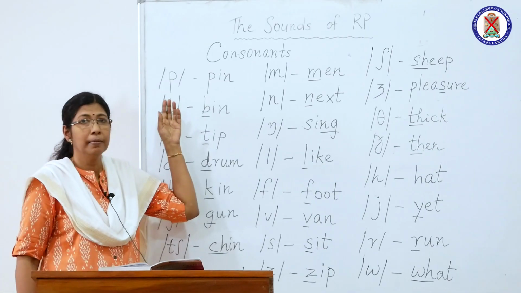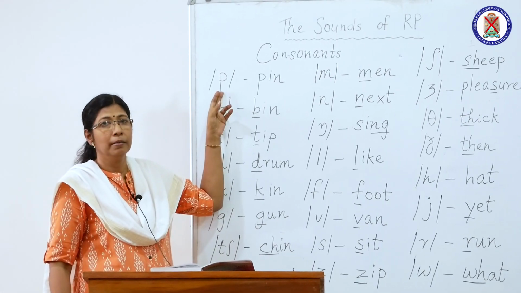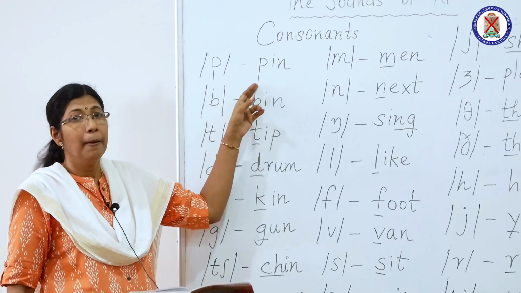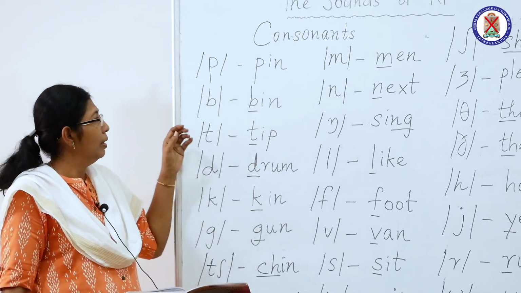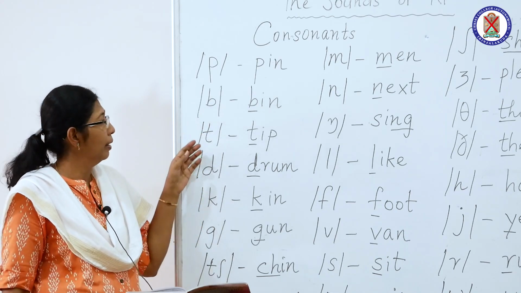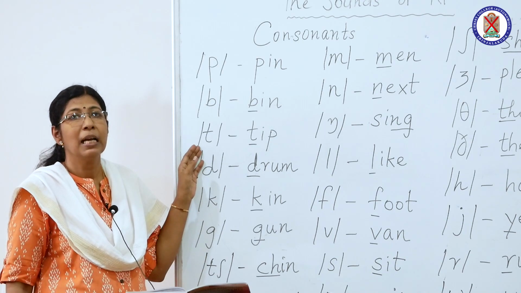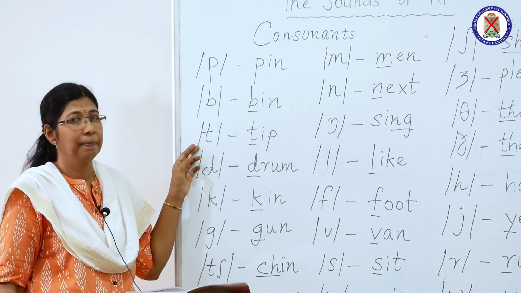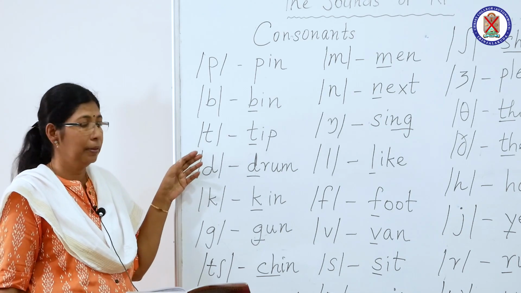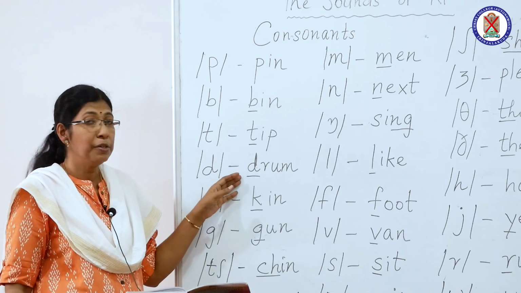The first one, p, as in the word pin. The second one, b, as in bin. Next we have t, as in tin or tip. Next, d as in drum.